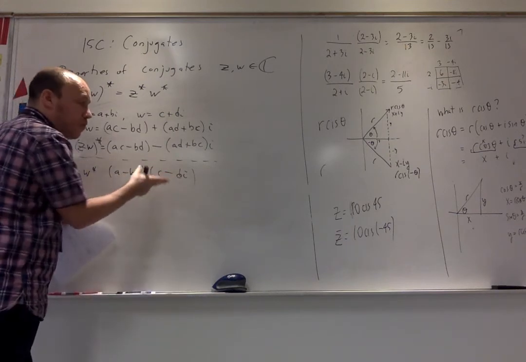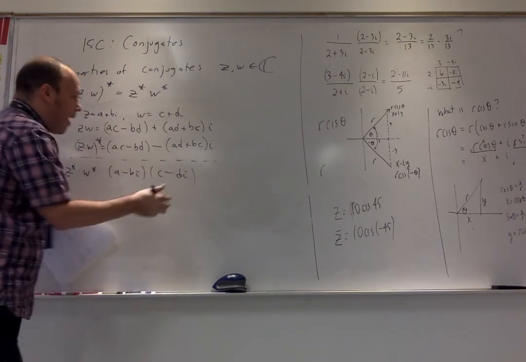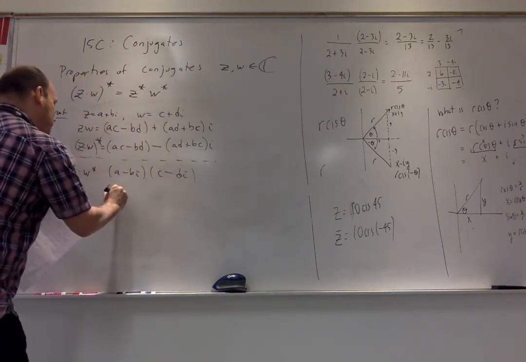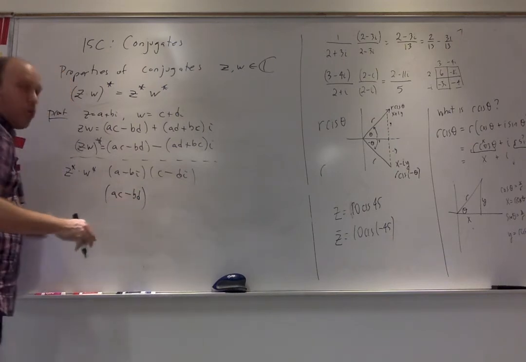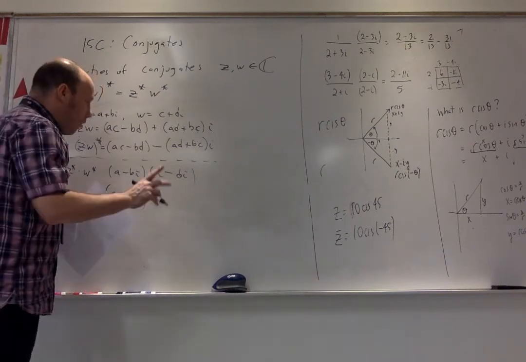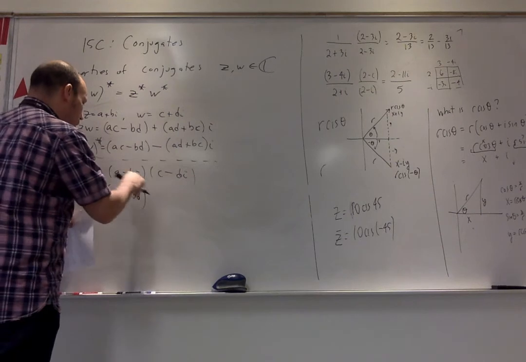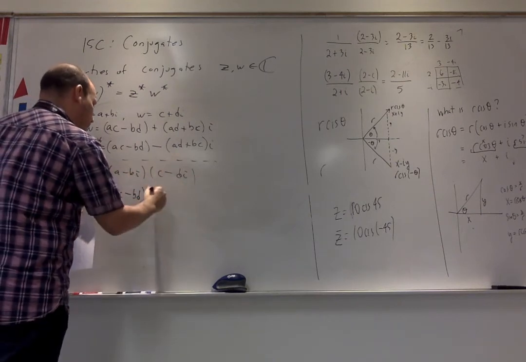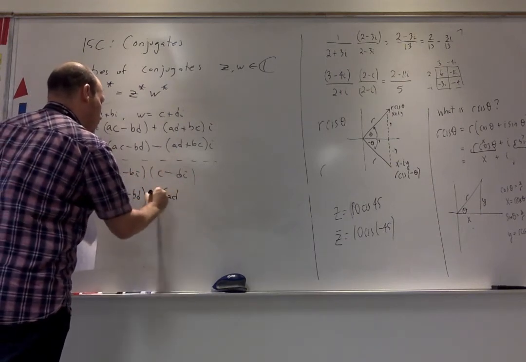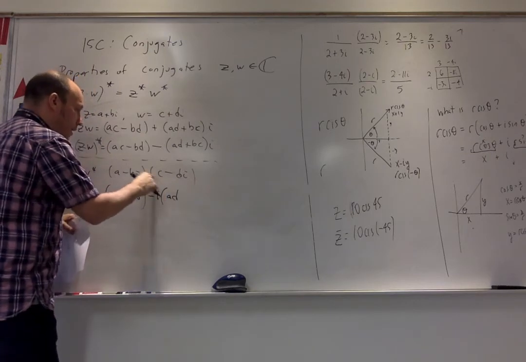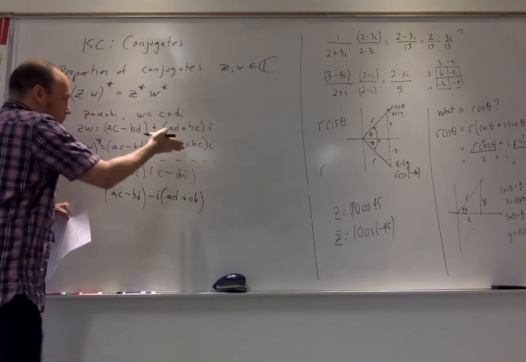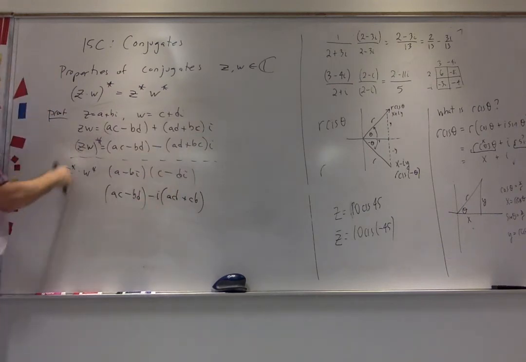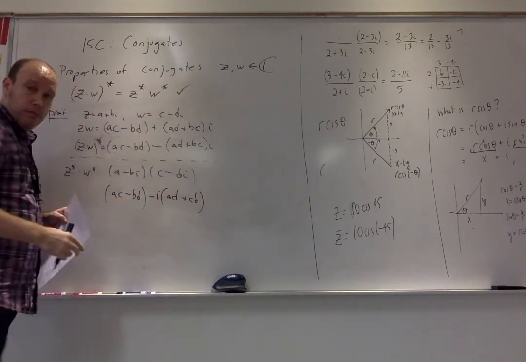B times D is BD, but i times i is negative 1. And so we have AC minus BD. And then the question is, what are my imaginary parts? Well, the imaginary parts are A times negative DI and C times negative BI. And we see that they're equal, and therefore we prove this.